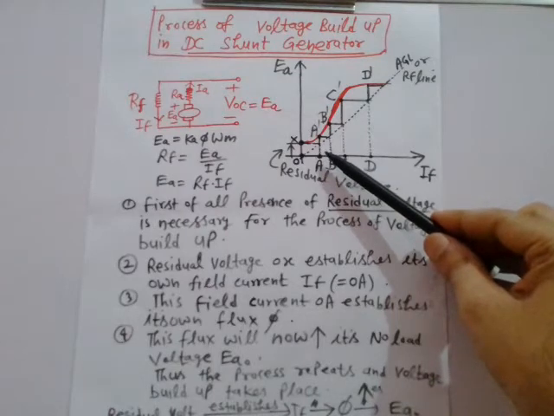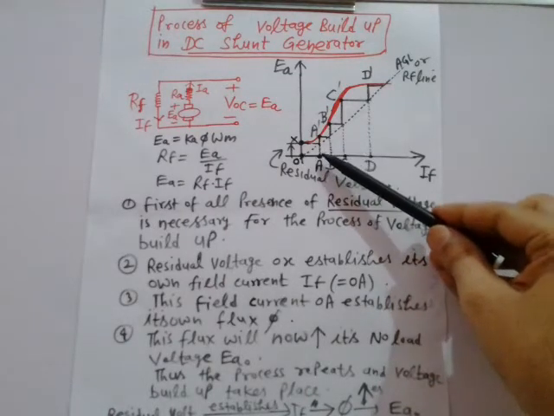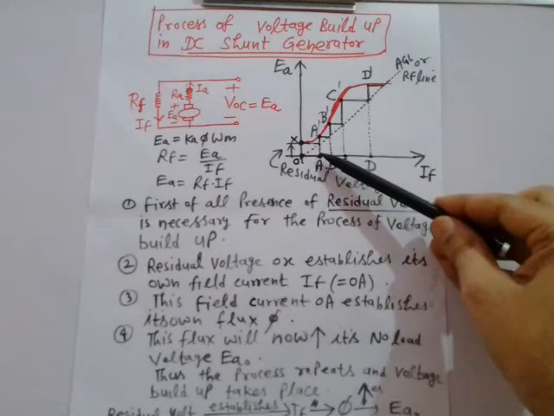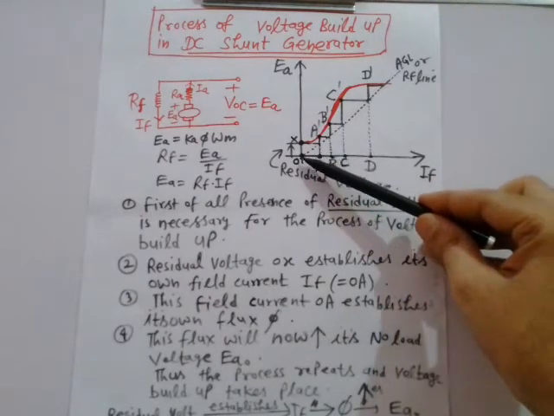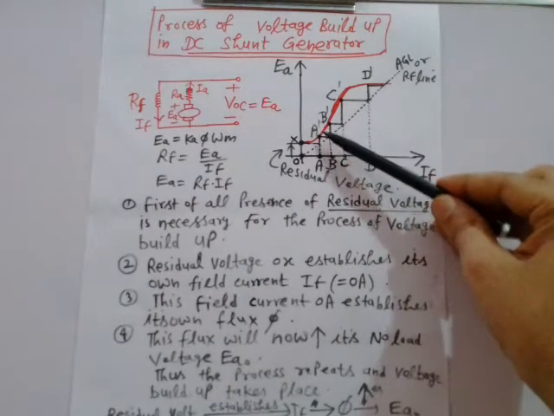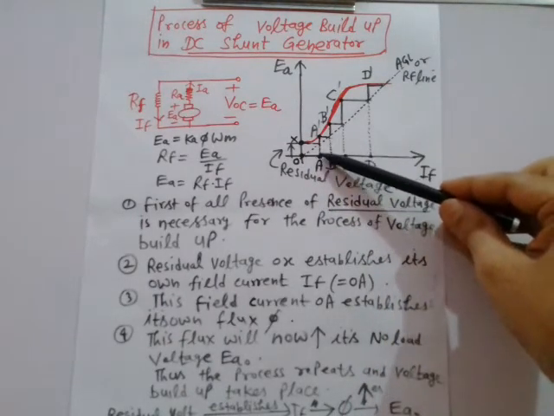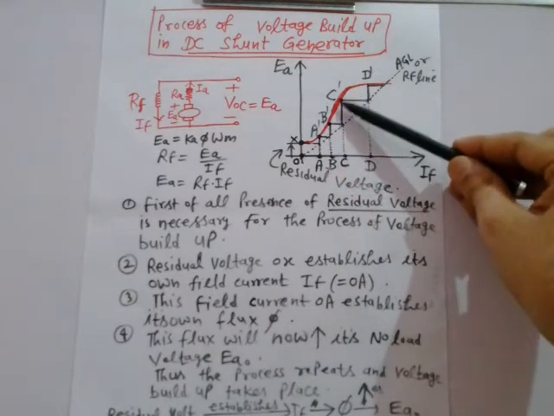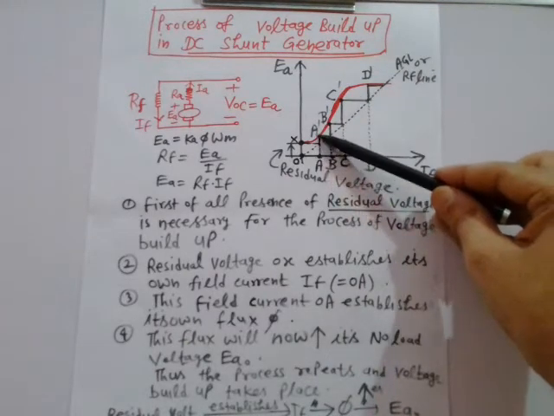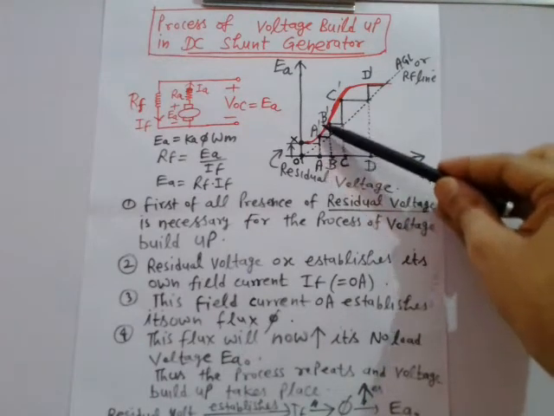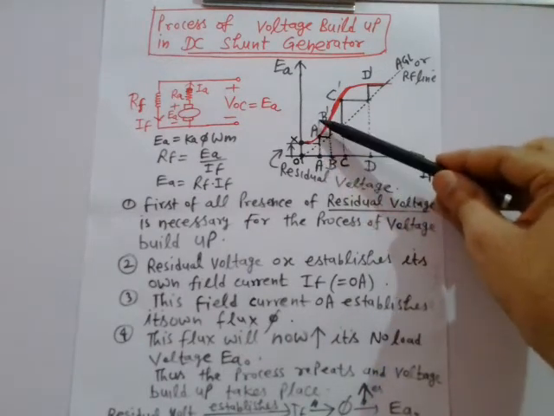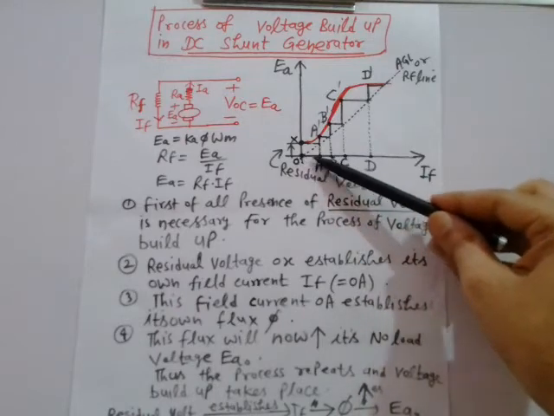This will increase the no load voltage from OX to AA dash, right? Because from OA, if you draw a line on this red characteristic, it will come here at this point. That means AA dash is the new value of no load voltage corresponding to this field current OA.